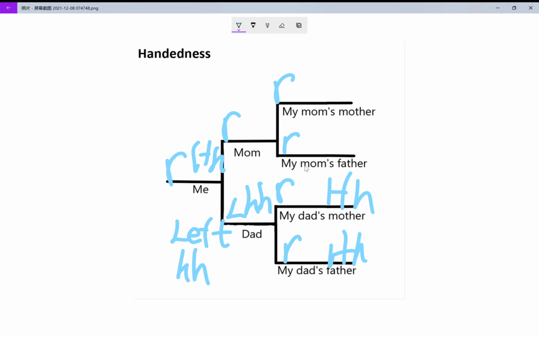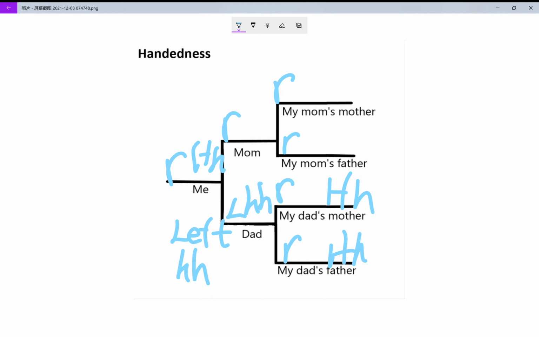So my mom's mom and my mom's genotype should be 2 little r. I use r for the little r. But because my mom cannot roll her tongue, my mom's dad should provide a recessive allele to her.